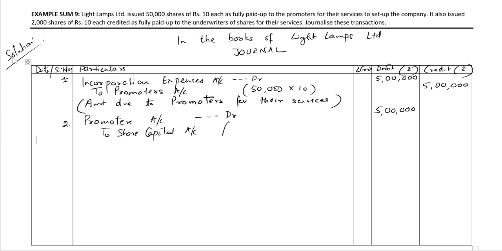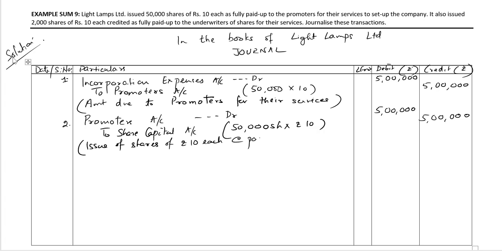Number of shares issued 50,000 shares multiplied by the face value rupees 10 per share, 5 lakh rupees. Issue of shares of rupees 10 each at par to promoters for services rendered.